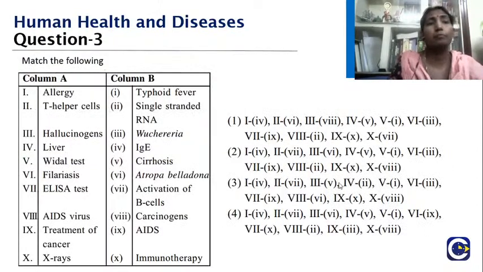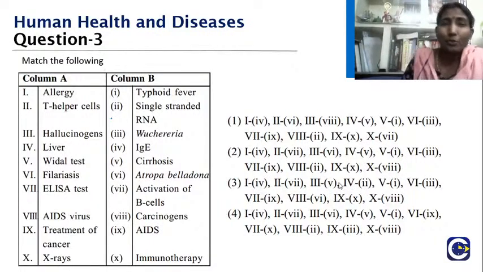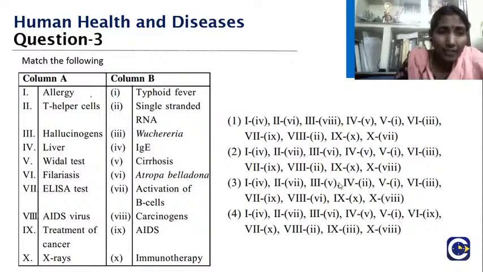Excellent, ma'am. Yes, here comes a very nice, interesting question. I just love this match the following, but let us see how you are going to make it up. Okay, here we have column A with a list of tests, pathogens and various symptoms, and you have to correlate with column B. Okay, fine. Let us start.